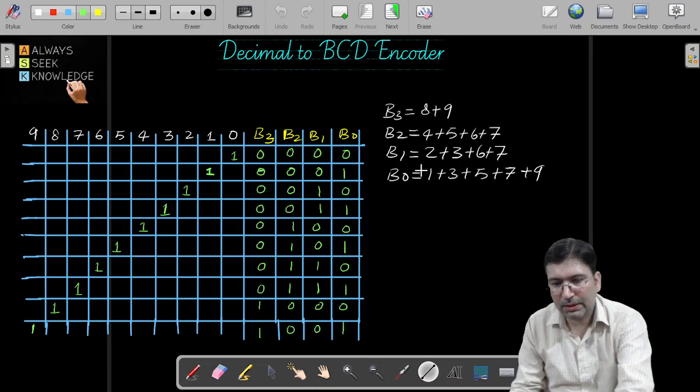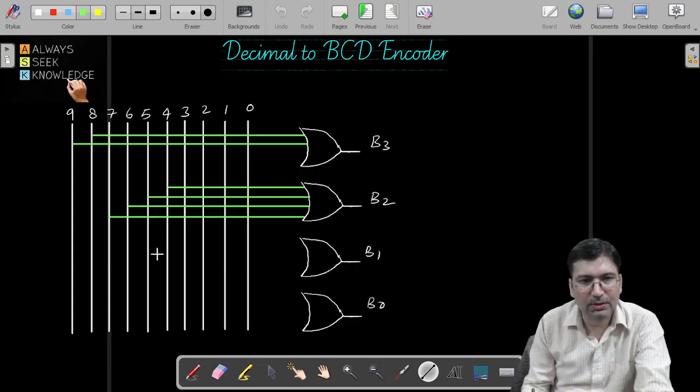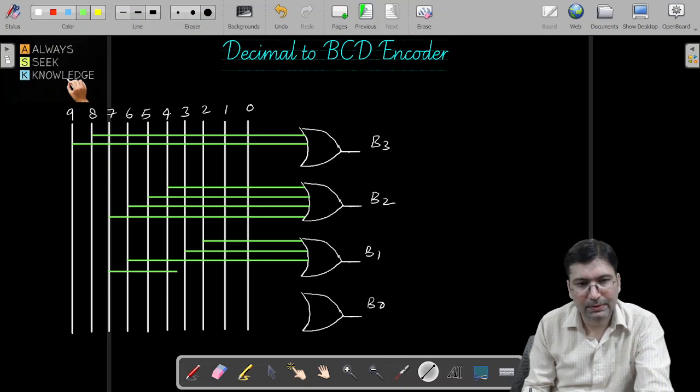Then B1 is 2, 3, 6, 7. So B1 is connected with 2, which is here, 3, which is here, 6, which is here, and 7 is here.